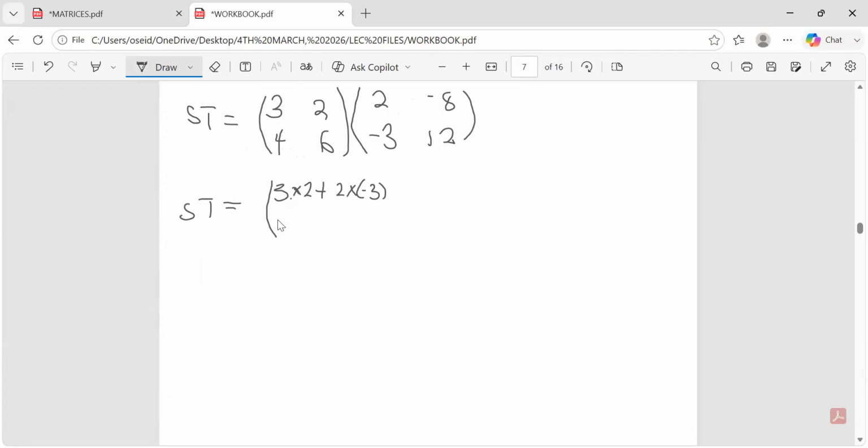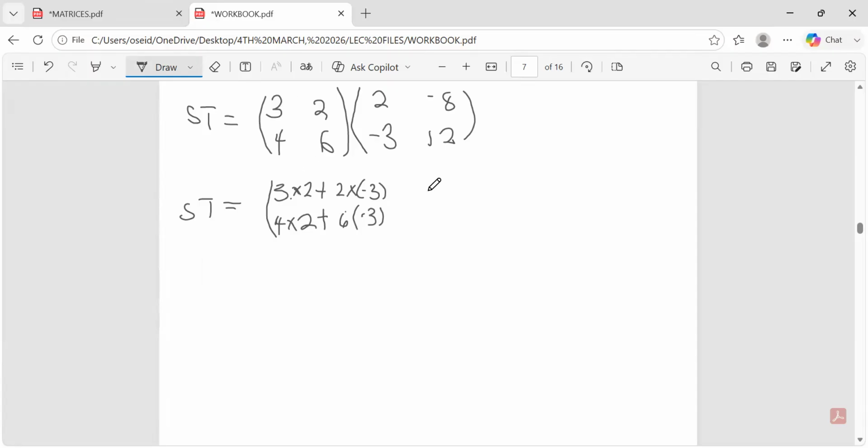So with the second row, you have 4 times 2 plus 6 times negative 3. All right. Then we are done with the first column of matrix T.